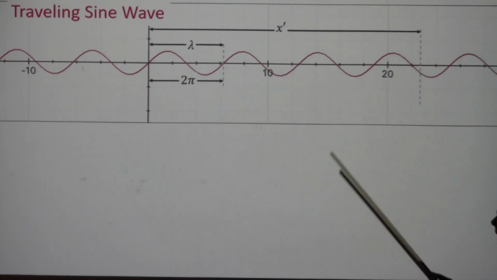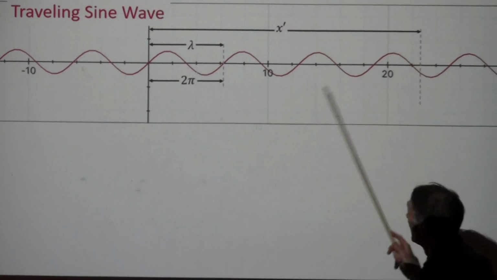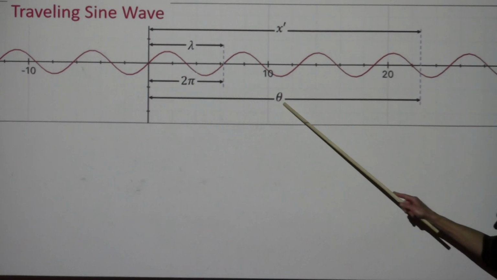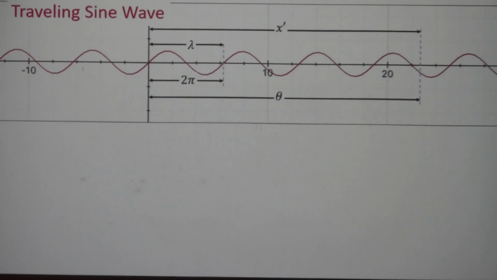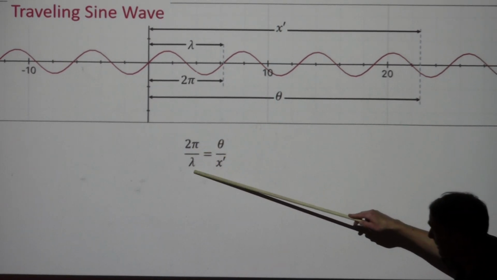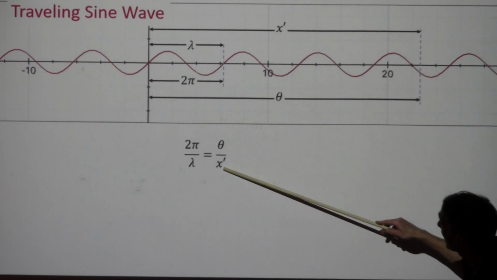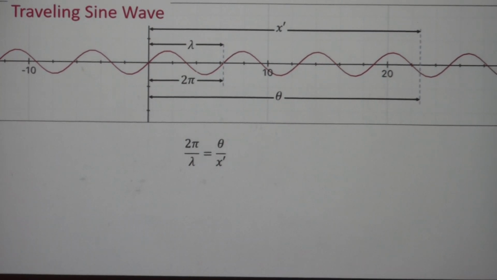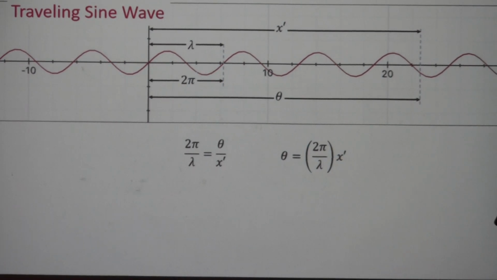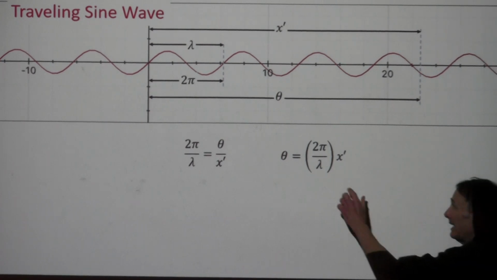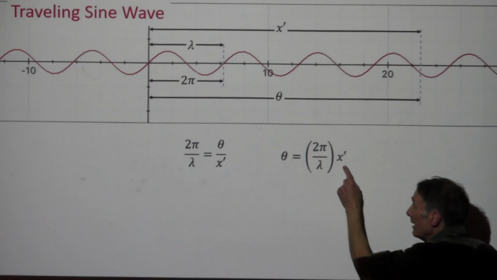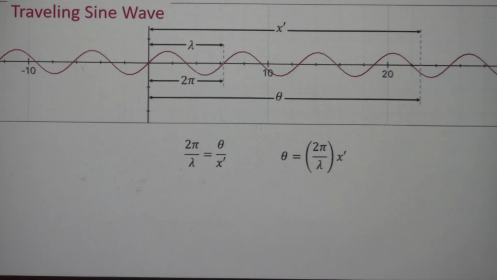In general, if we're at some distance x prime, we want to turn it into an angular measurement, maybe call it theta. We can get a relationship between them by ratios: 2 pi is to lambda as theta is to x prime, or theta is equal to 2 pi over lambda times x prime. Now we can stick in a physical length, because this is a physical length, the meters will cancel, and everything will be in terms of radians.